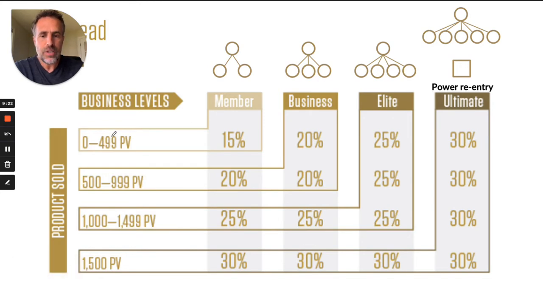That level depends on, for example, whether you do 200 points of volume personally, with your own purchases or those of your customers, in your first 8 weeks: you are a member. That's 200 points. If you do 500 points, you're a business level. If you do 1,000, you're an elite. And if you do 1,500, you are an ultimate. And that's it for life.